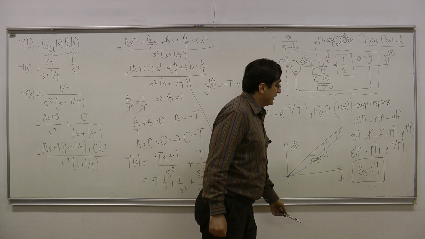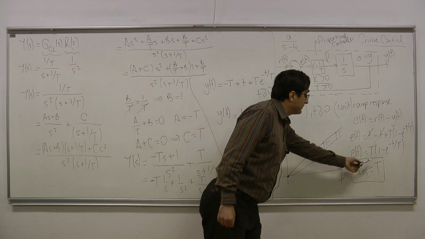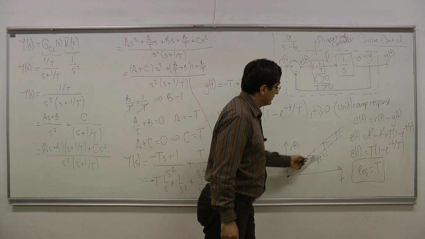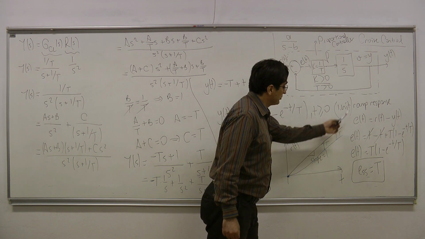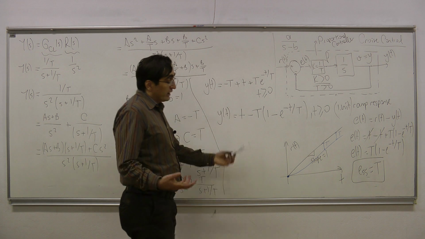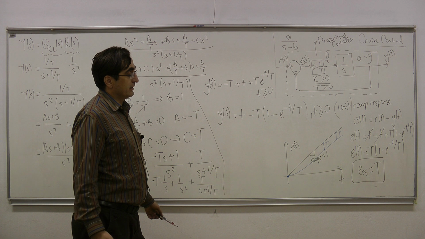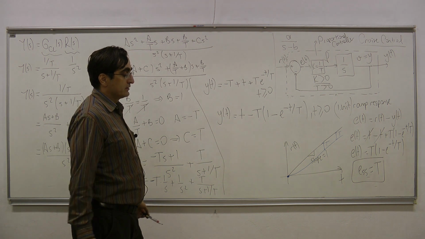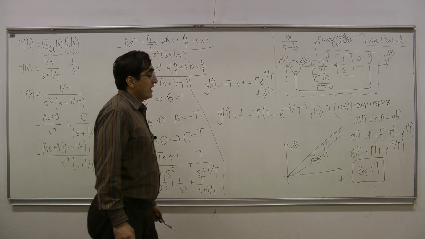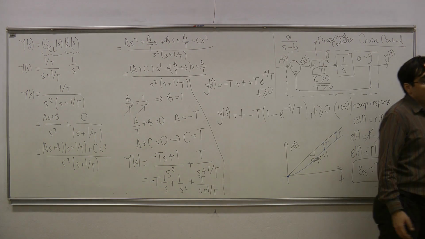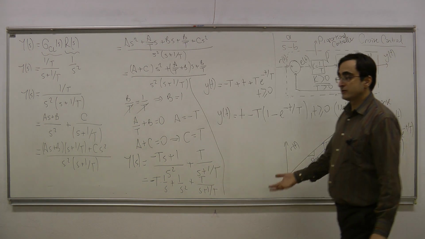In terms of the transient performance, if we make capital T smaller, we will have a faster convergence to this asymptotic behavior. Okay, so that is going to be the same criterion here. We need to make capital T smaller to have a better system in terms of both transient response and steady state response.